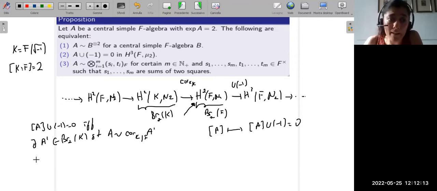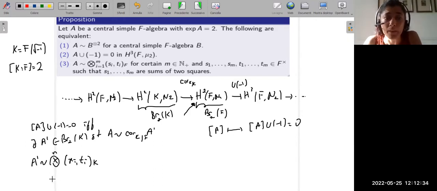So for A' here, I can choose such a representation: the tensor product of quaternion algebras (x_i, t_i) over K. I can choose them in a way that these x_i are in K and the t_i are in F. This is because K is just a degree 2 extension over F.